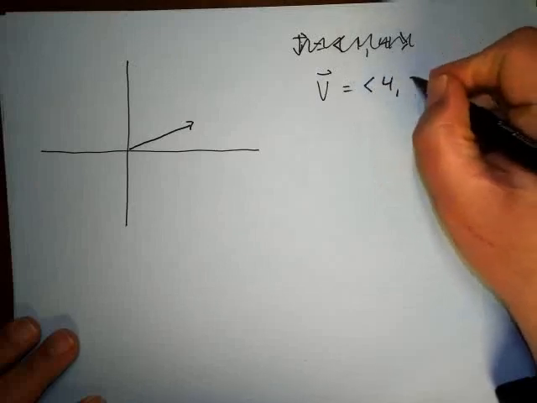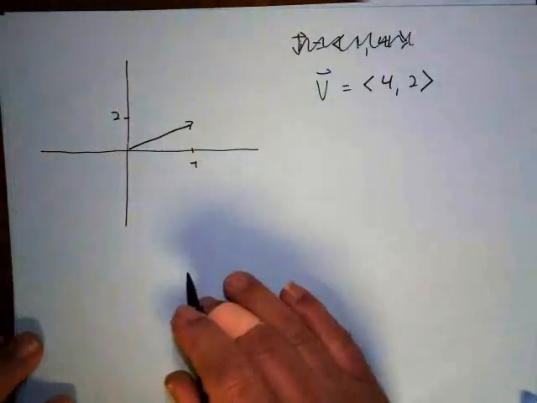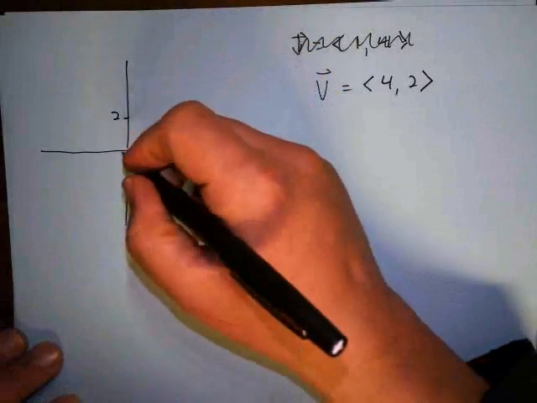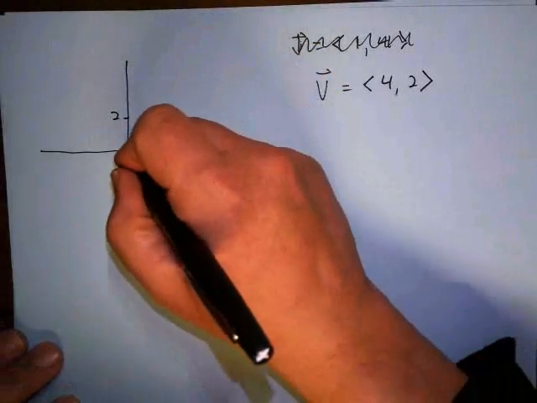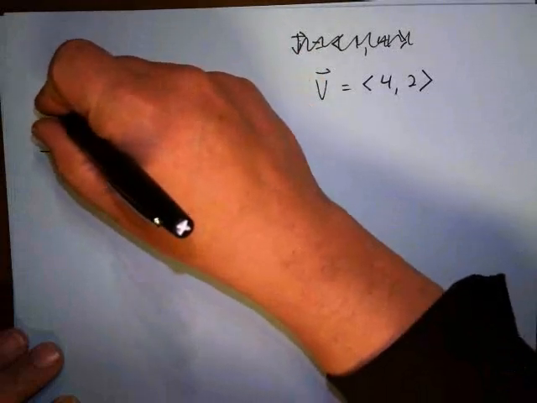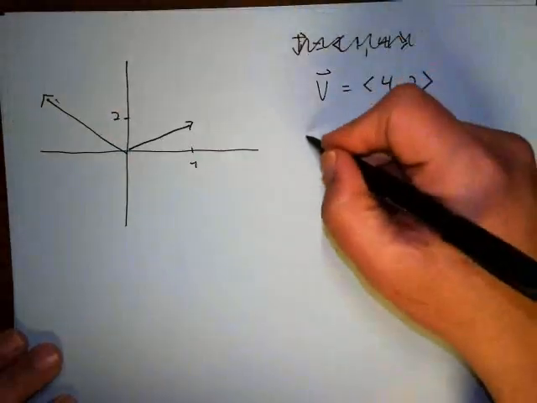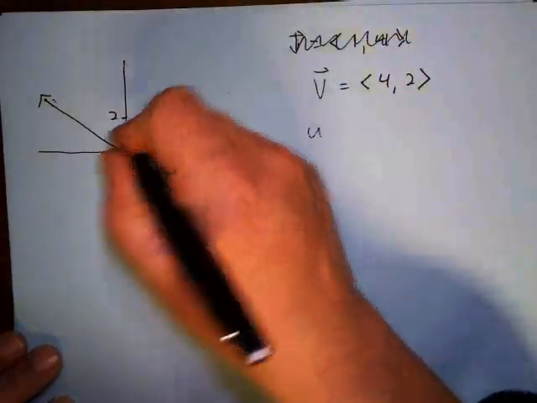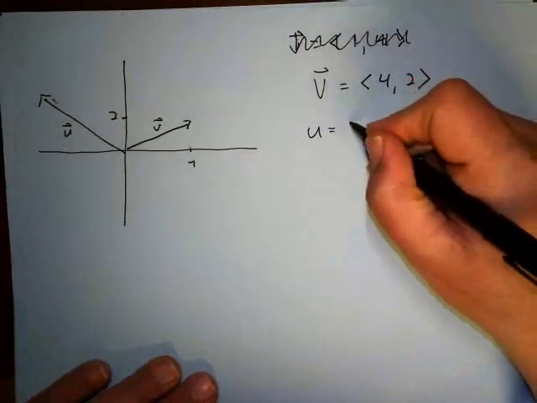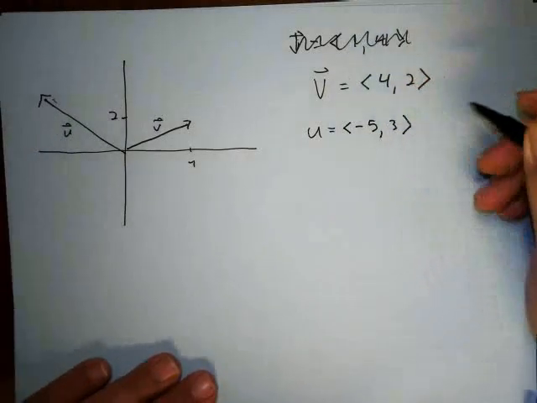So in other words, this is 4 and that's 2. And then we'll say this is vector v, this is vector u, and let's just say vector u is negative 5, 3, something like that.